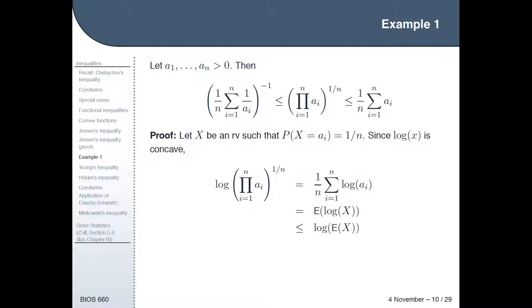By Jensen's inequality, that's less than or equal to the log of the expected value of x. The log of the expected value of x is, of course, just the log of the arithmetic mean. So now we've shown that the log of the geometric mean is less than or equal to the log of the arithmetic mean. Log is a one-to-one function, so take e to both sides, and we've proven the first part of the inequality. I won't bother to go through the proof of the second inequality, but it's completely analogous.